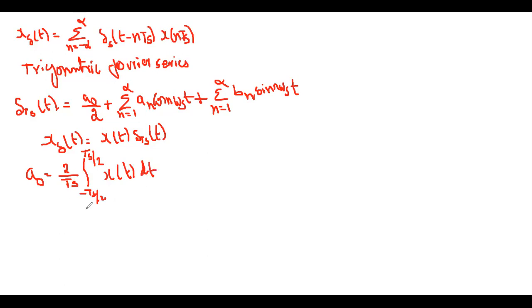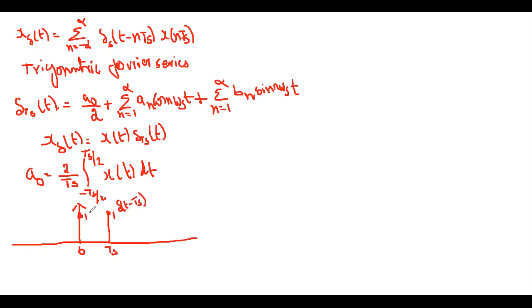See, for the impulse train, at 0 the magnitude is 1, and at ts the magnitude is 1. That is nothing but delta of t minus ts.